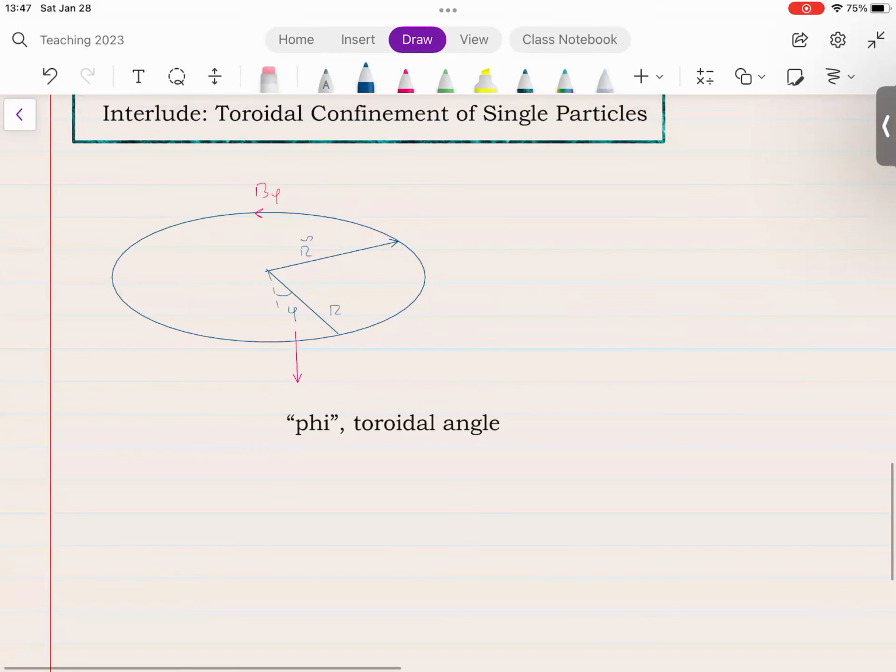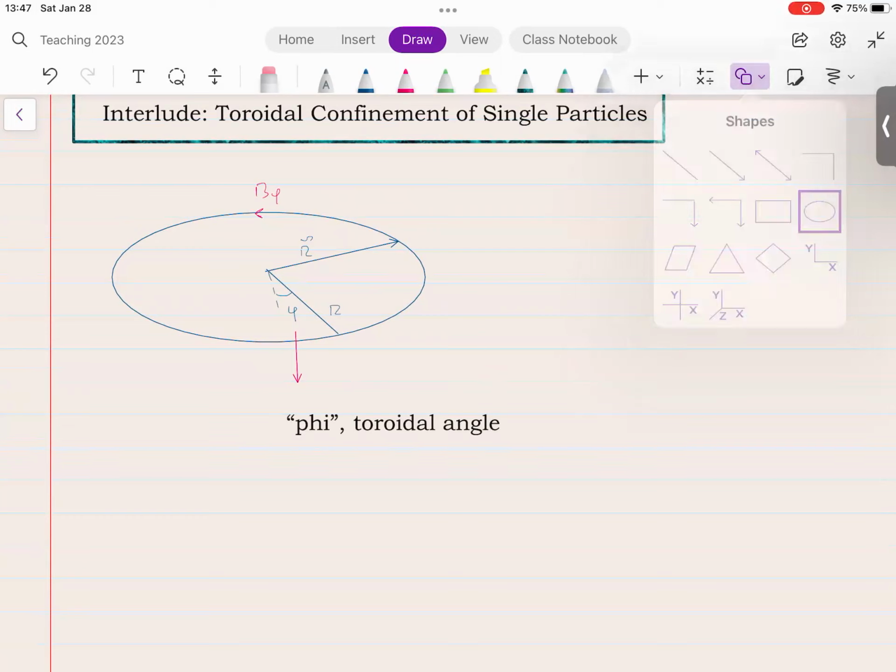And then here in a plane perpendicular to the toroidal direction, I'm going to have, let me maybe make it in green. That's not too bad.